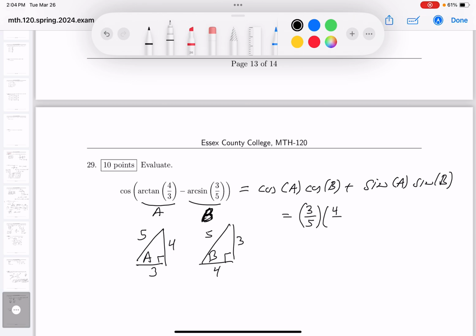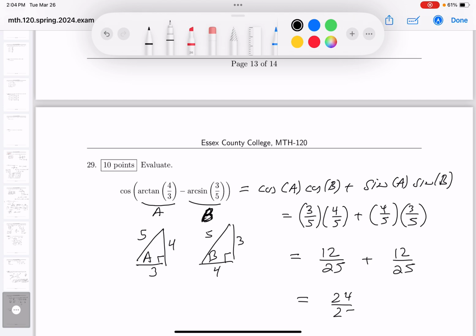It's 4/5. Plus, do I know the sine of A? I'm kind of looking at that. That's 4/5. And do I know the sine of B? That's 3/5. All right, what do you get there? 12 over 25 plus 12 over 25, which is 24 over 25.